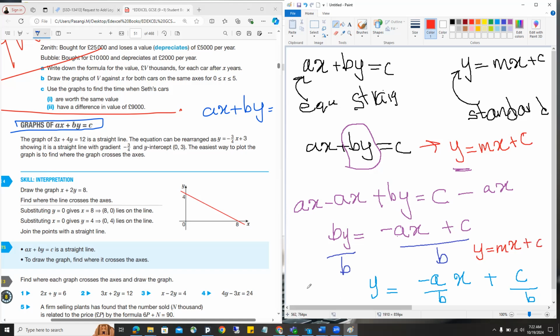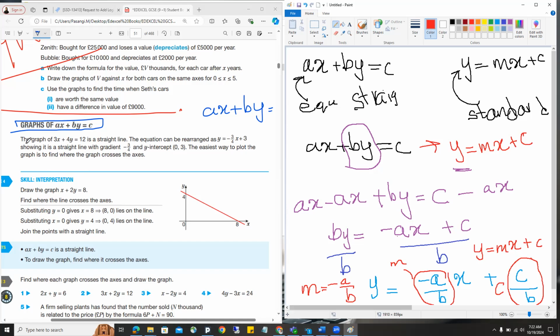See, now m is equals to minus a over b, because this term is m now. And this term is c. Now we have m and c. Is it clear? Yes, miss.